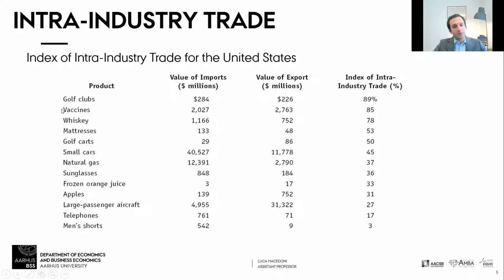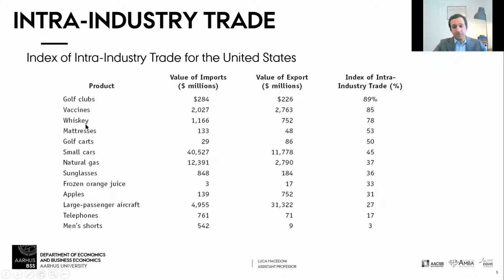For instance, here we have vaccines, which I guess we're all thinking about these days. For the US, the value of imports is about 2 billion and the value of exports is 2.7 billion. This is equivalent to an index of intra-industry trade of 85%. So a lot of intra-industry trade.